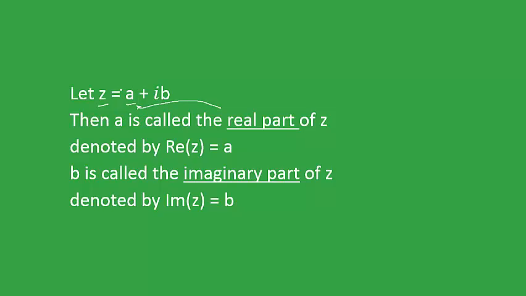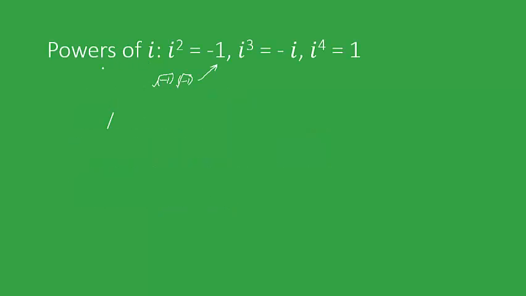It can be anything like 2, root 2, or anything of this sort. And the second part, multiplied by this constant iota, as you've learned in the earlier slide, is called the imaginary part of the complex number z, and it is denoted by Im(z) and equals b.